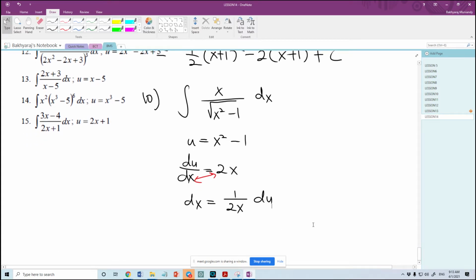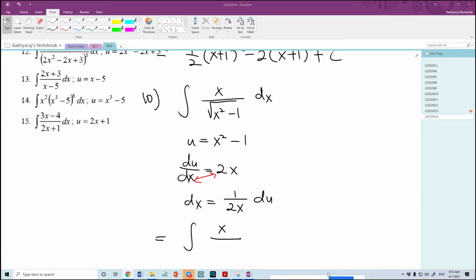Okay, so that gives you equal integrate x over u power of 1 over 2, dot 1 over 2x du.